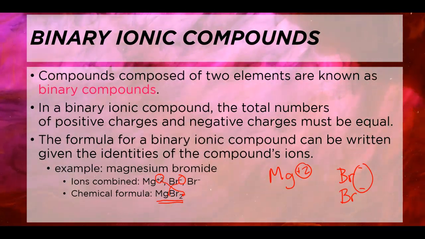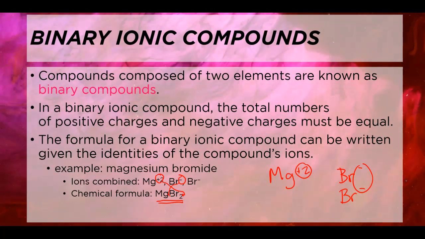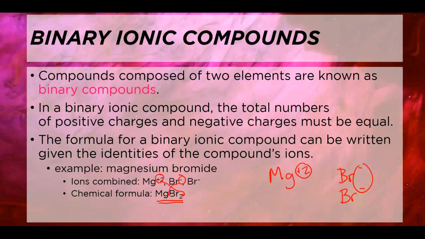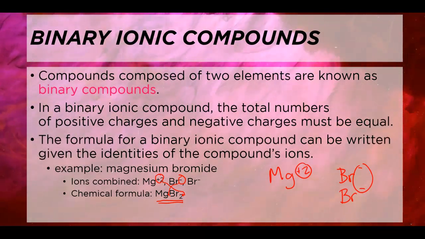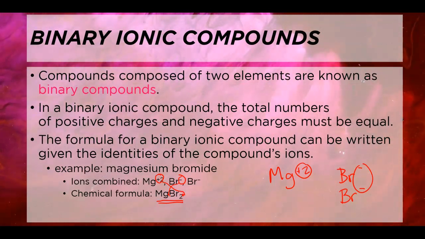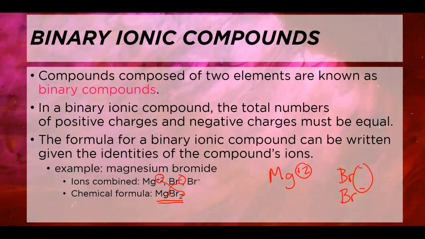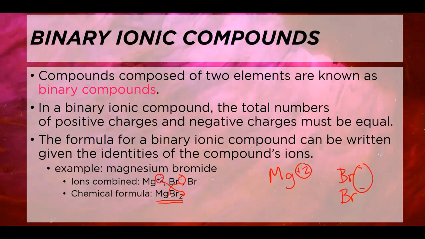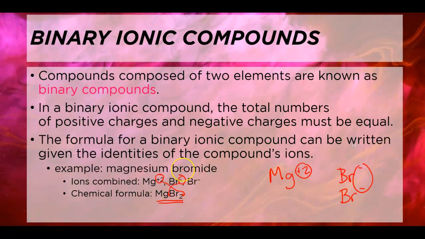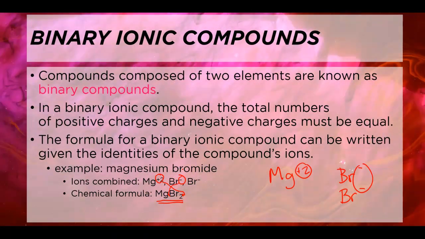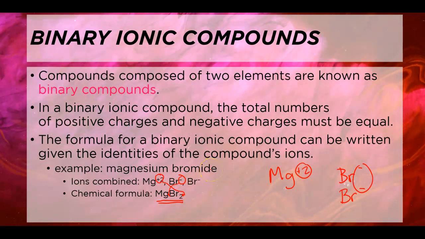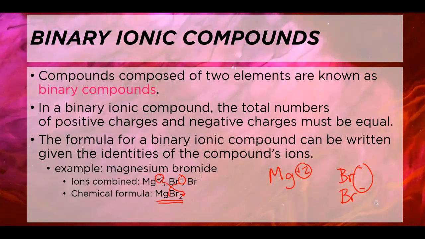Now you have to be careful because the subscripts need to be the lowest ratio. So if you had a 2-to-2 ratio, like a +2 charge and a -2 charge, you would need to reduce that down to 1-to-1. But most of the time this will work out for you, where you just flip-flop the charges and make them the subscripts. We'll look at some more examples.